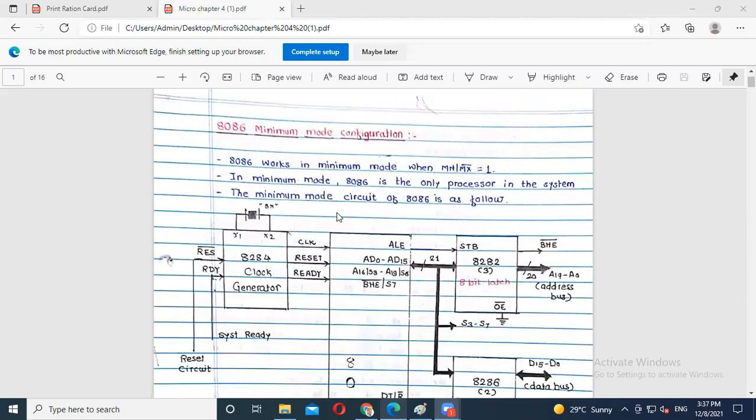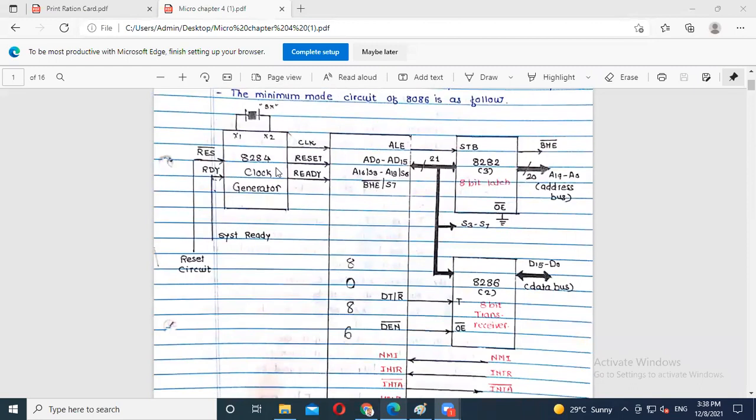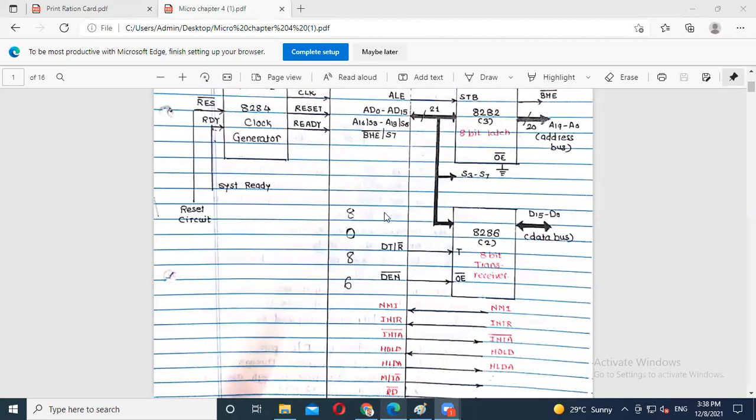Now I have to refresh for 5 minutes whatever I taught in the last lecture about the minimum mode configuration of the 8086 microprocessor. In the minimum mode configuration, to begin with we use the 8086 microprocessor chip. You already know the pin configuration and how it is arranged.